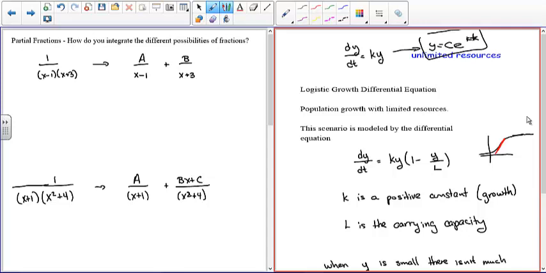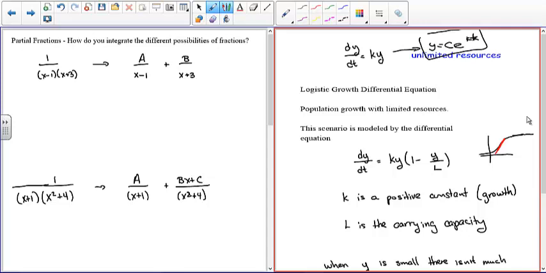But when the population gets close to the carrying capacity, this ratio will be 1, and you get 1 minus 1, which is 0. At that point the population growth goes to 0, and once it goes to 0, it just levels out. So that additional term reflects the effect of competition and limited resources on the growth of a population.